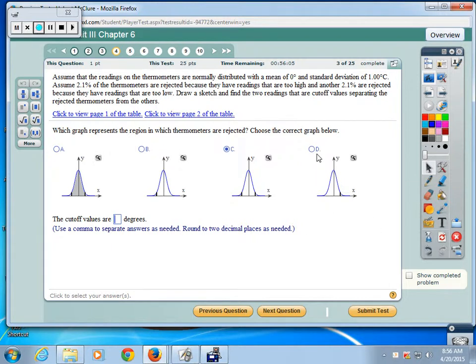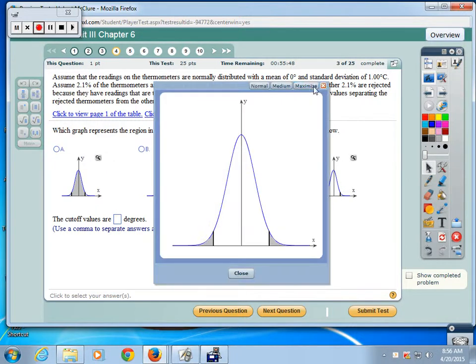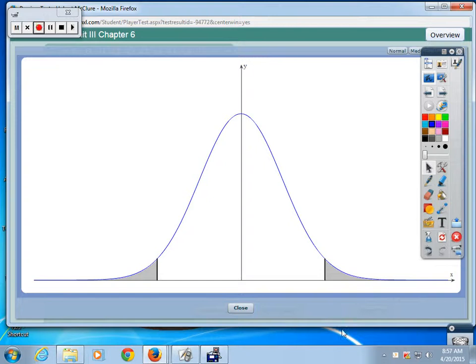So all you have to find is the negative 2.1 and the right hand side, which would be the complement of 2.1, because you've got to find the right hand side. Look at it again. This is the right hand side, so that would be the complement of 2.1, because positive 2.1 gives you this whole area right here.